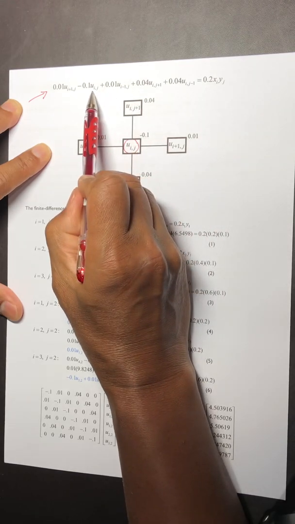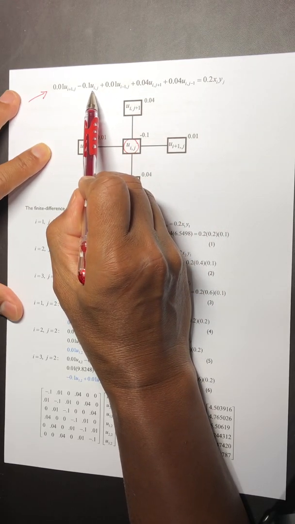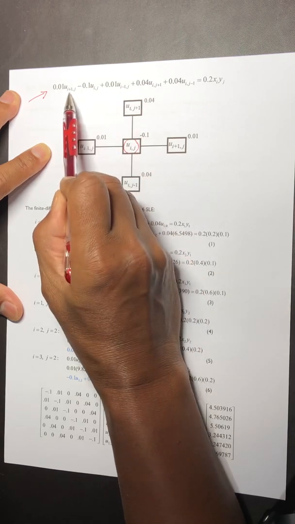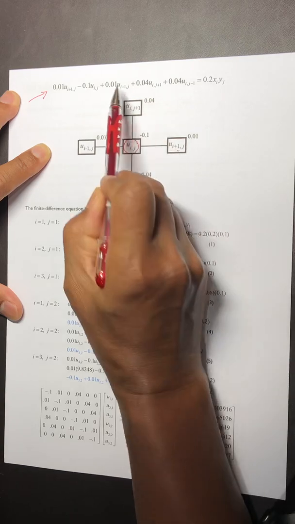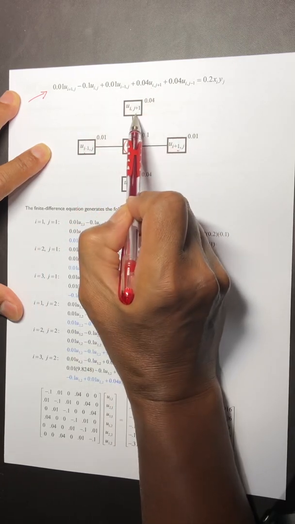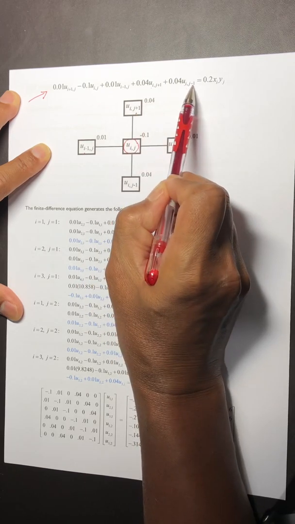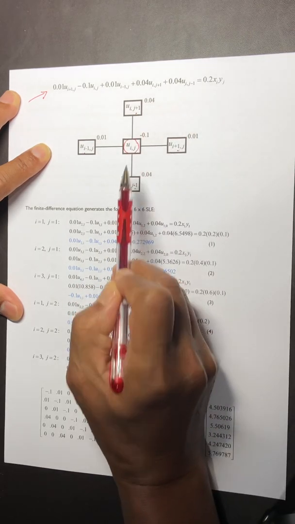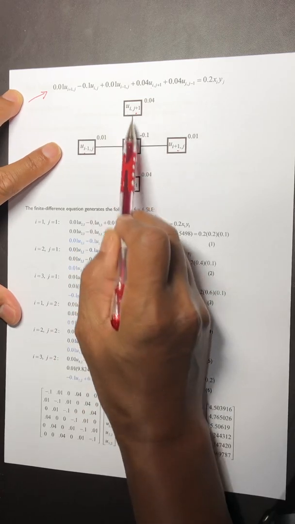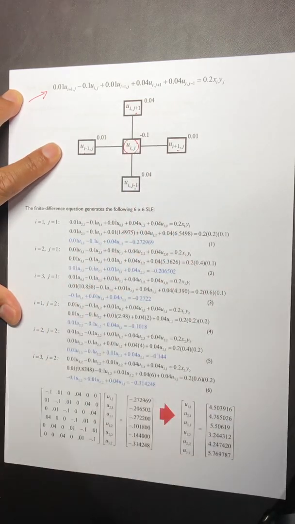And then what are the players involved? i plus 1 j is right here, i minus 1 j is right here, i j plus 1 is right up here, i j minus 1 is down here. Make sure uij is right in the middle, and they are connected through this diagram.